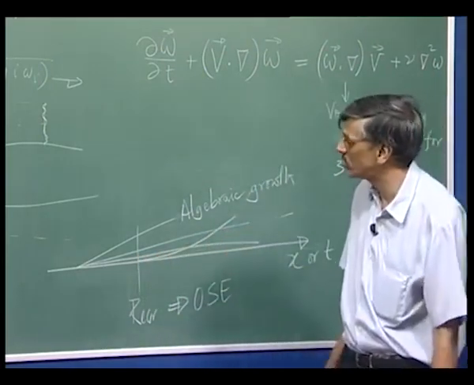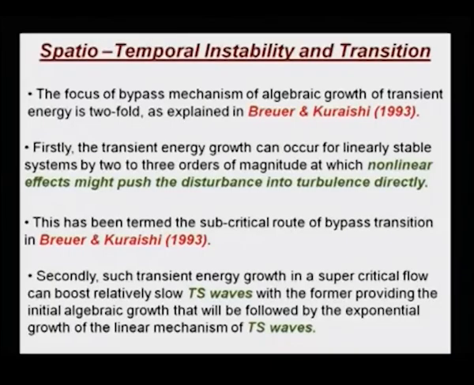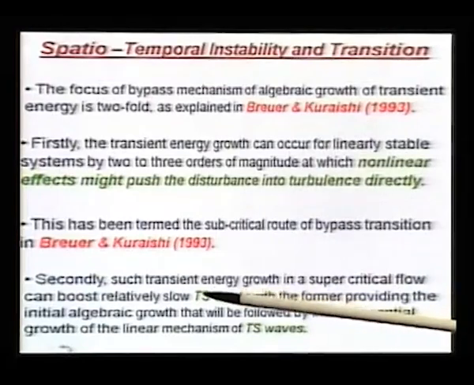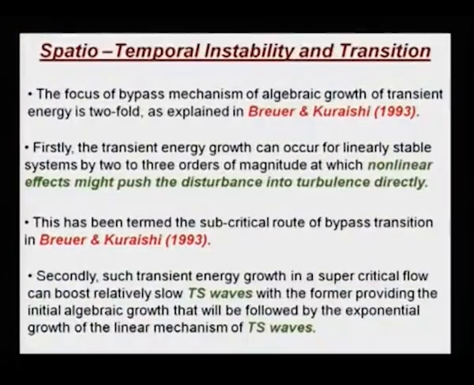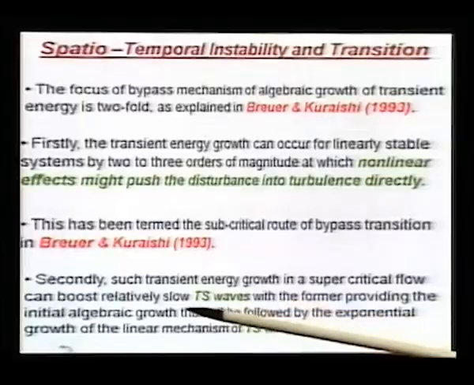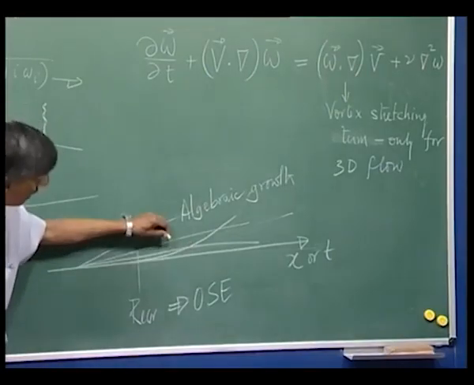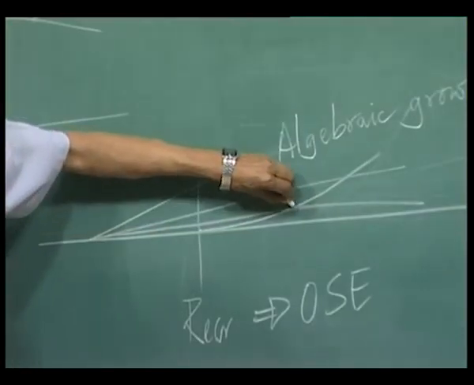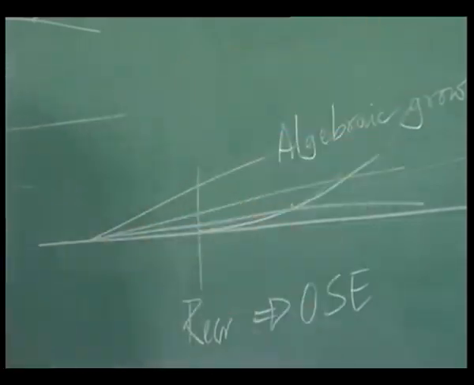So that is what Breuer and Reshotko are saying: either it could be a subcritical route, or you could have a transient energy growth in a supercritical flow. So you come up with the algebraic growth, then it switches on to the OS mode and then it suffers an exponential growth.